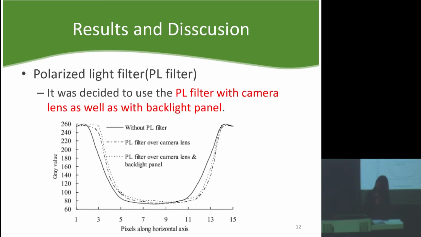And about the PL filter, see the curve without the PL filter, this one. This indicates that no PL filter was used with the camera or with the backlight, and the edge of the seedling stem was brighter due to the halation effect of illumination. The other two curves, which used the PL filter, were sharp compared to the previous one.